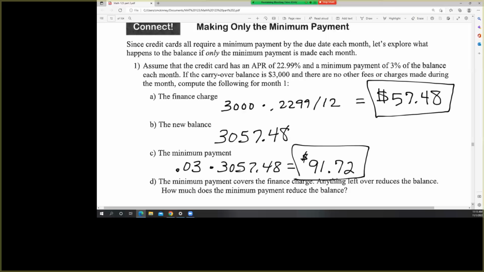This was how much we're paying. So if I subtract the 91.72, subtract the 57.48, it is only bringing the balance down by $34.24. So the carryover balance for the next month would be very small.